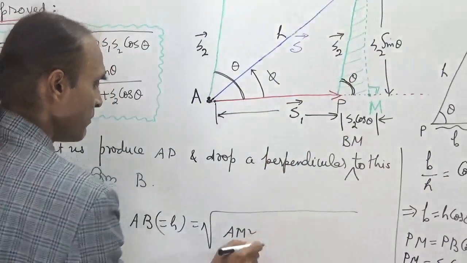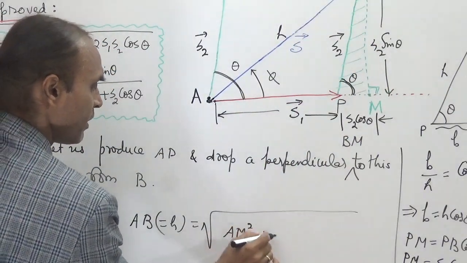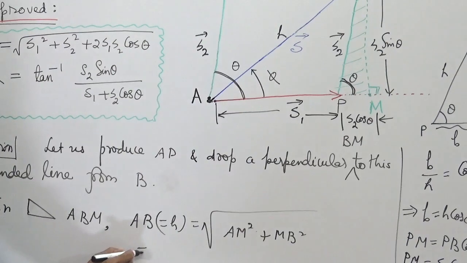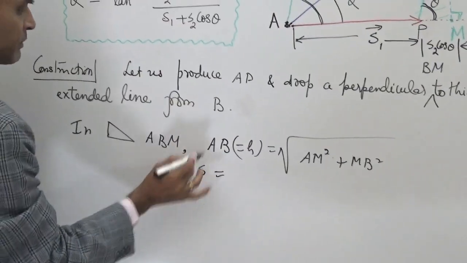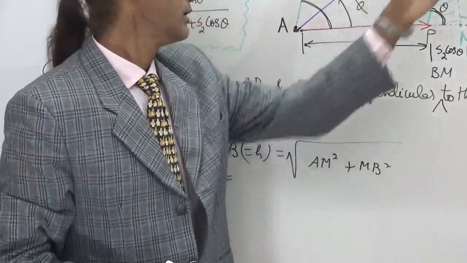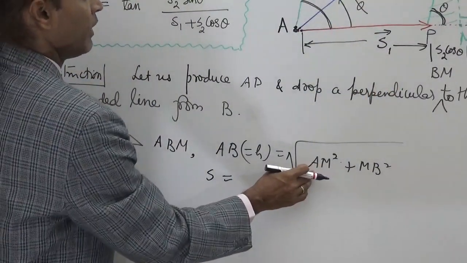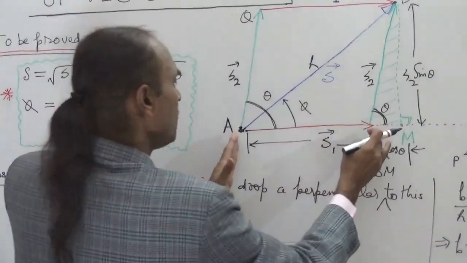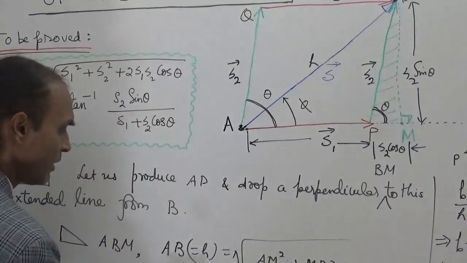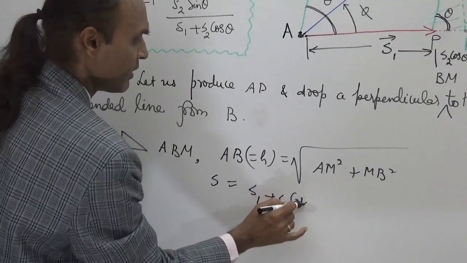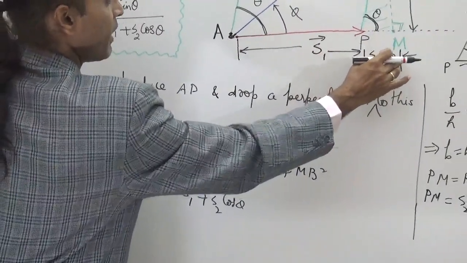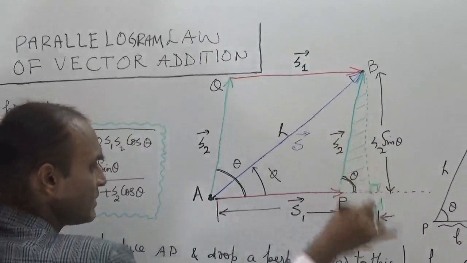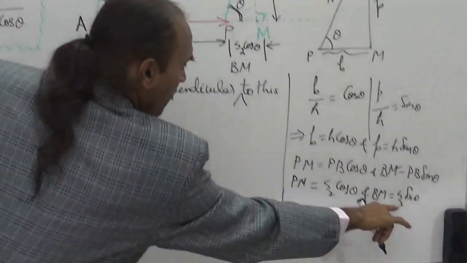But what is AB? AB is nothing but the magnitude of the resultant. And AM, what is AM? AM is equal to S1 plus S2 cos theta. And what is MB? MB is equal to S2 sin theta.